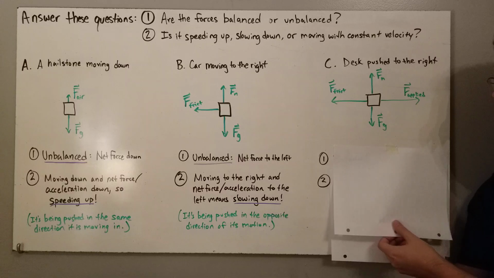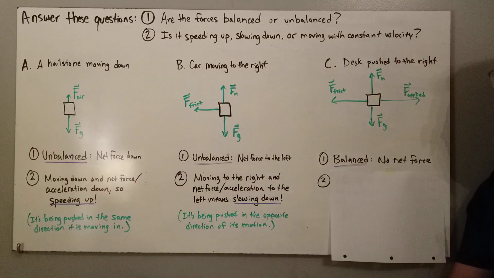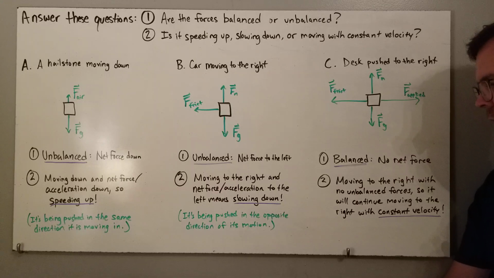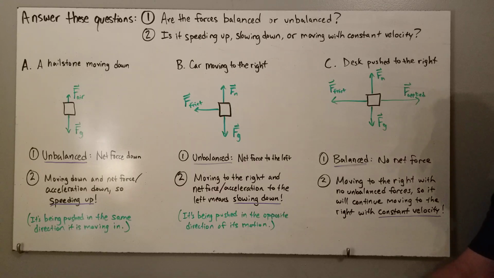And so therefore, all the forces appear to balance out. There is no leftover force. And so because of that, our answer to the second question is automatic. If there is no net force, there can be no acceleration. So therefore, the object must be moving at a constant velocity.